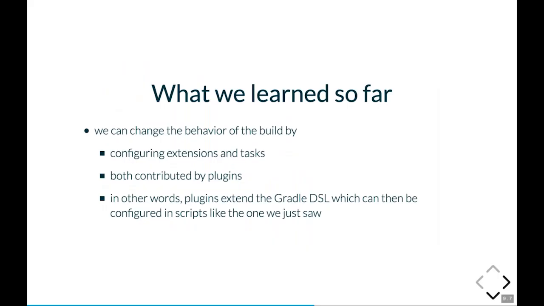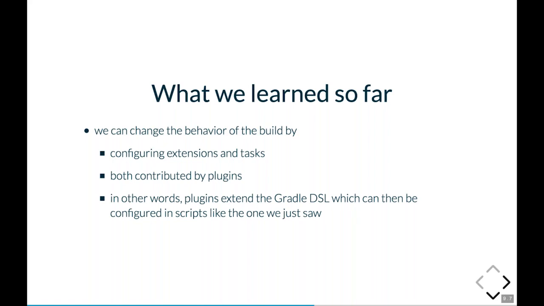We can change the configuration and the behavior of the build by configuring extensions and tasks. Tasks are units of work, like we said, that's how the Gradle model works. You can configure specific tasks directly, like we did to configure the Kotlin compiler.